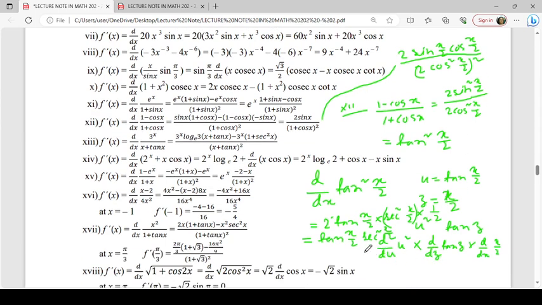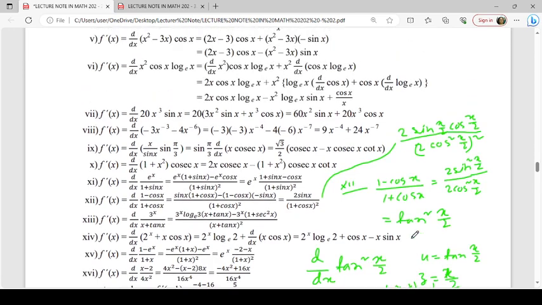We need to have tan x by 2 sec square x by 2.